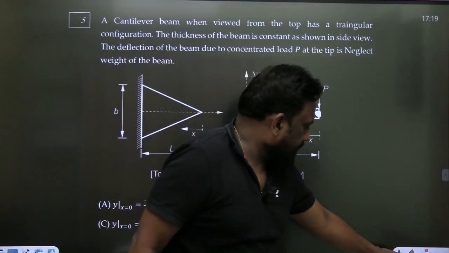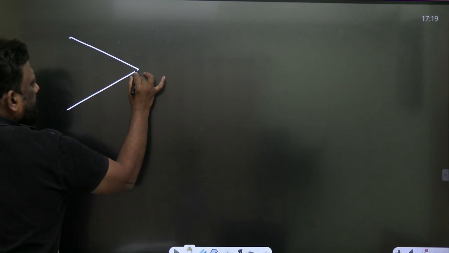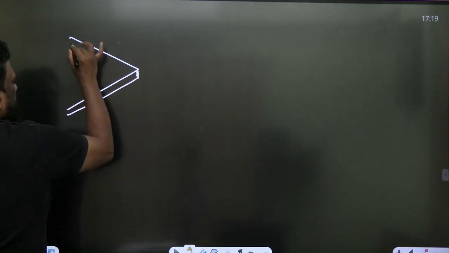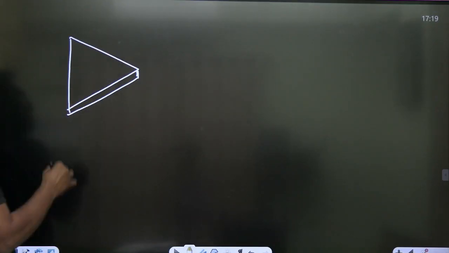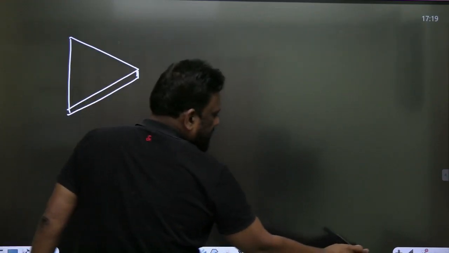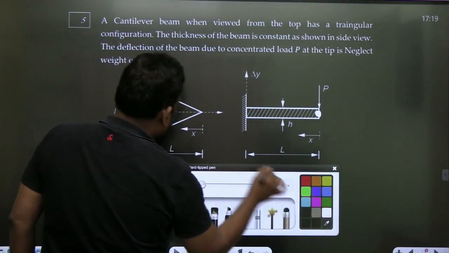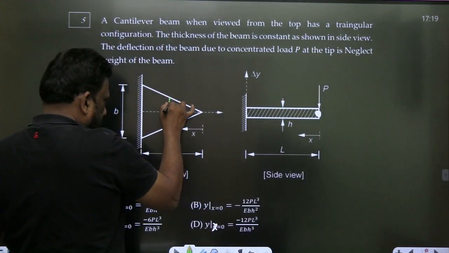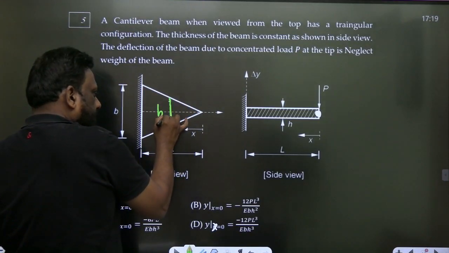Now let's try to do this. If you see, it's like this, sir. Everywhere the depth is the same, but the width is not the same. Let us calculate. Let the width here be bx.